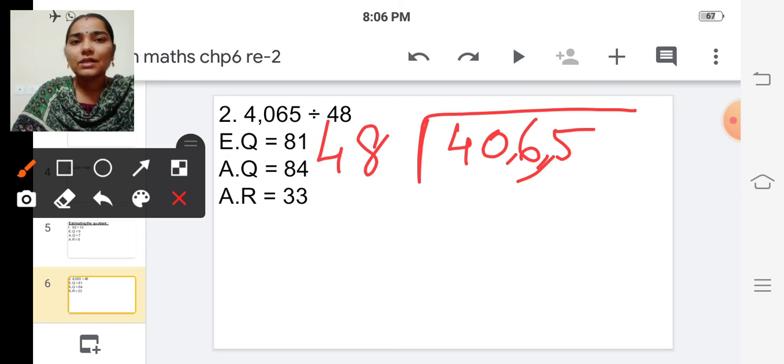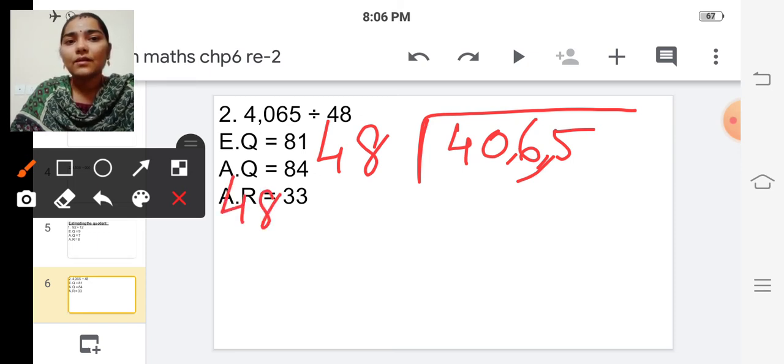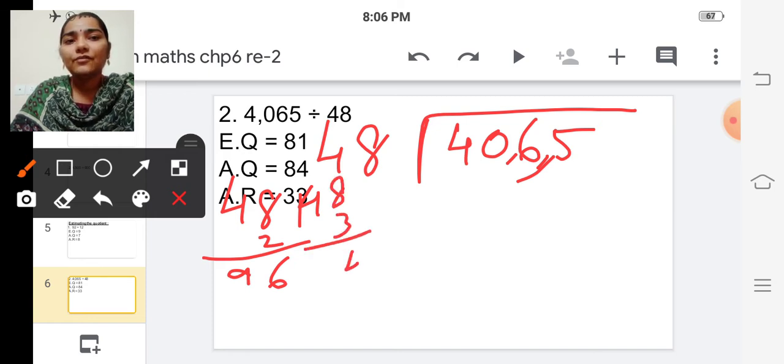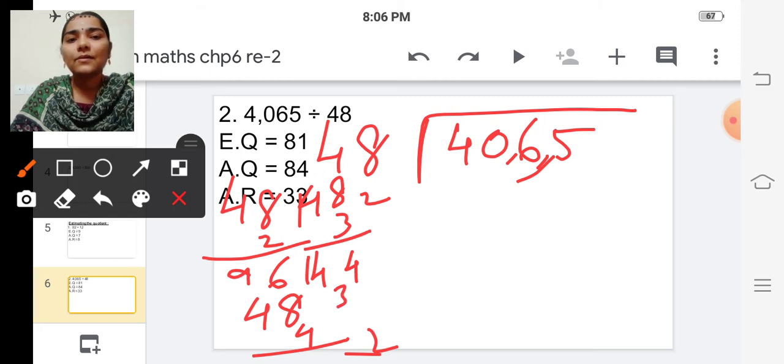Okay, we shall find out how many times it will go. 48 2s are 96, 48 3s are 144, and 48 4s are 192.